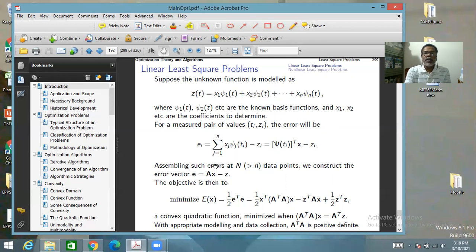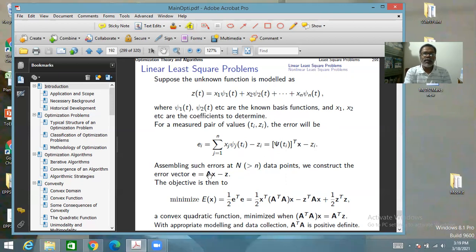Assemble all these errors, E1, E2, E3, E4, etc., in a column vector. How many members are in that? As many as the data points you have taken. Then you get this vector equal to 1 row, 2 row, 3 row, that many rows, as many as data points you have taken.